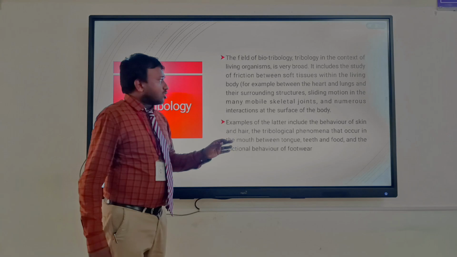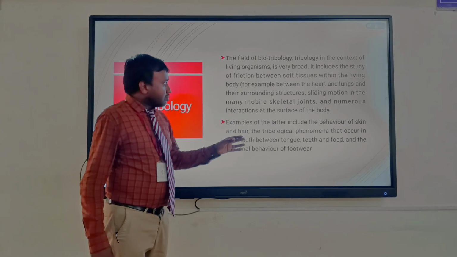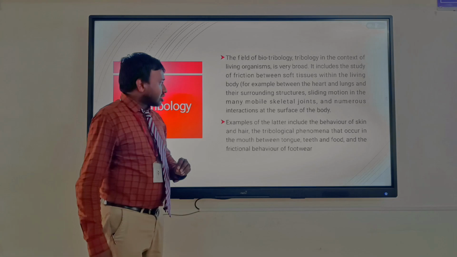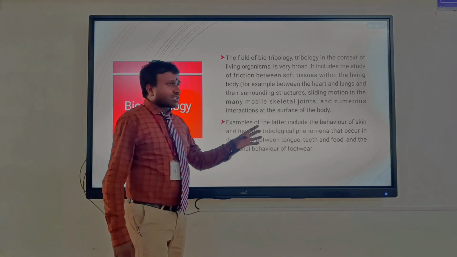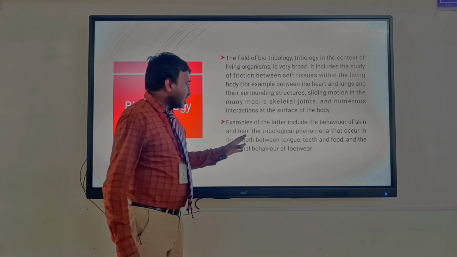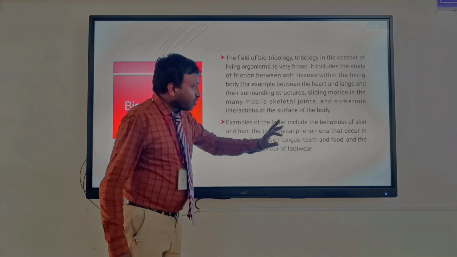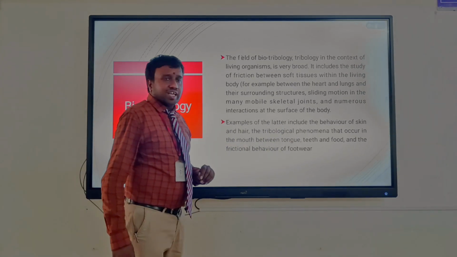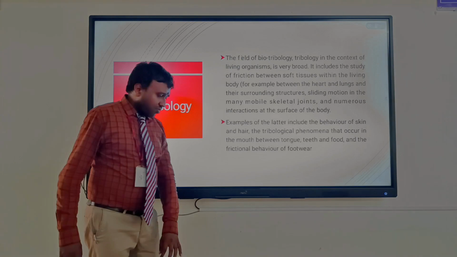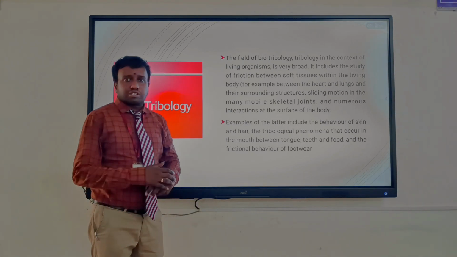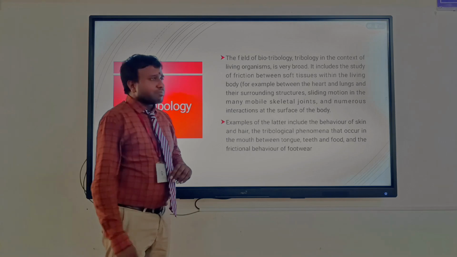This is called biotribology, the contact between two bodies in action. Some common examples in biomedical applications are the contact between the teeth and the tongue, and the frictional behavior between the leg and the shoe when I am wearing a shoe and moving.